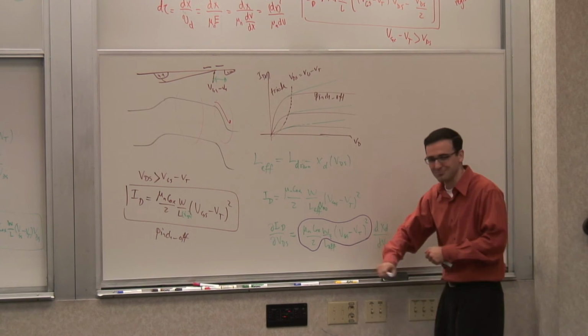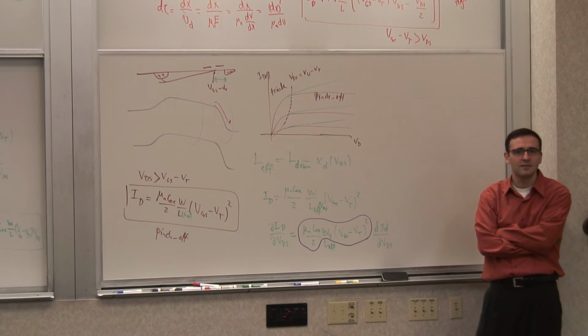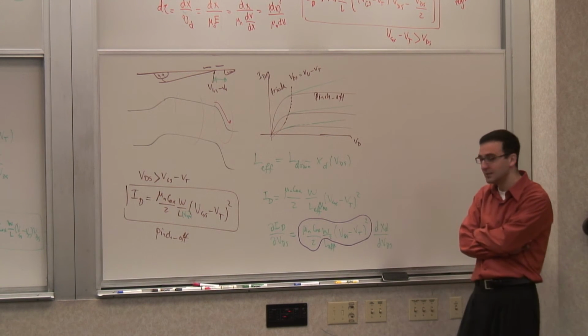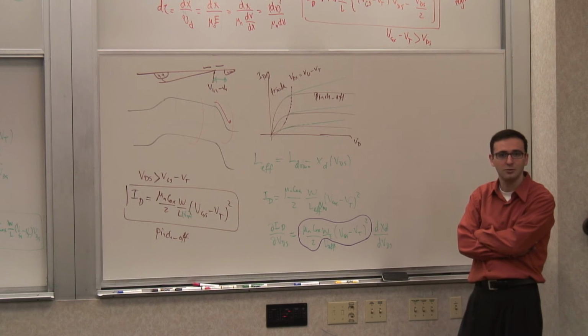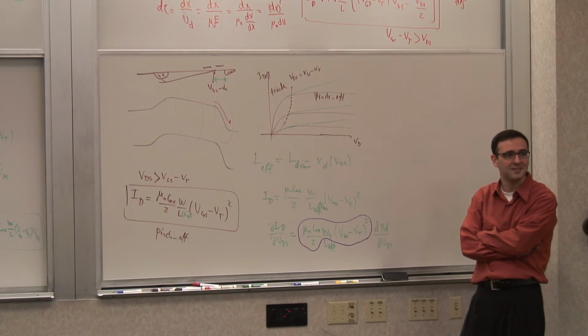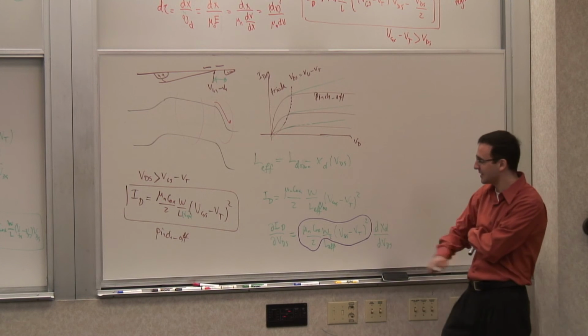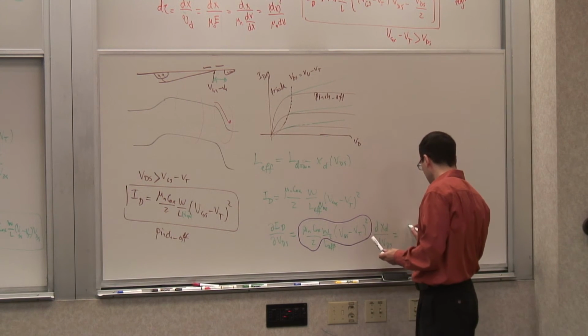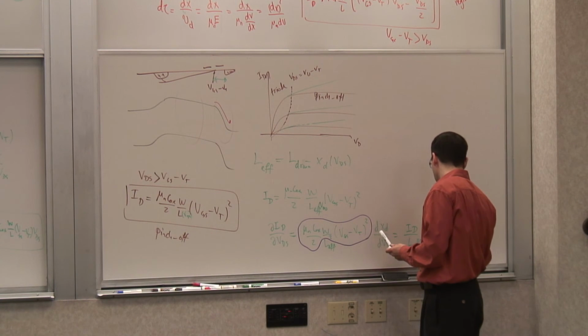Then I take it out. So what is this thing inside this ugly looking purple balloon? ID, right? That's the ID itself. So I can rewrite this as ID over L effective times dXD dVDS.